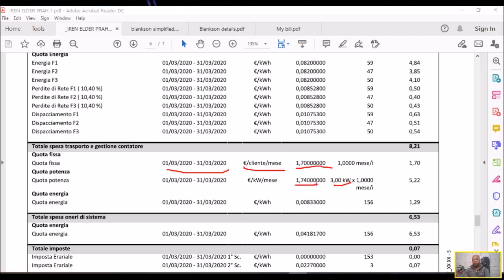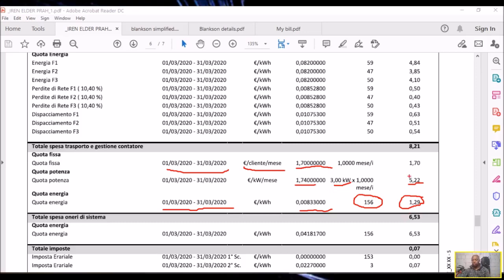It is the same for every company, times 3, then you get this figure. And then we have quota energia, 0.00833, which is the same for every company, times the total of kilowatts you consumed within this month, which is 156. That is F1, F2, F3 together, times 0.0083.